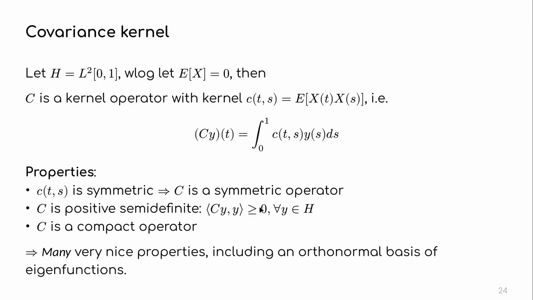Positive means they're also real and positive, and compact means except maybe 0, we only have eigenvalues. Symmetric compact operators are just about the nicest operators you might hope to find. So it's actually pretty good news that this is the case here.